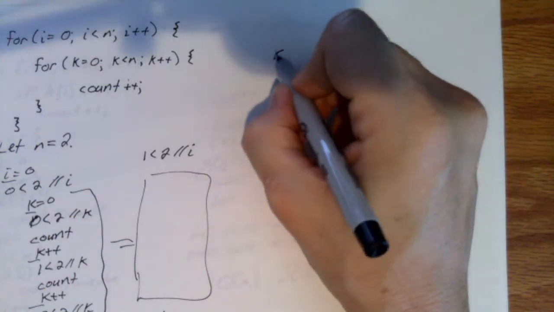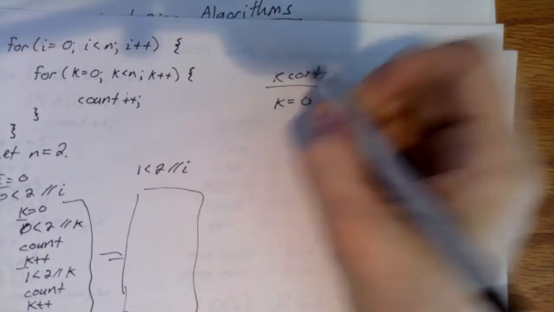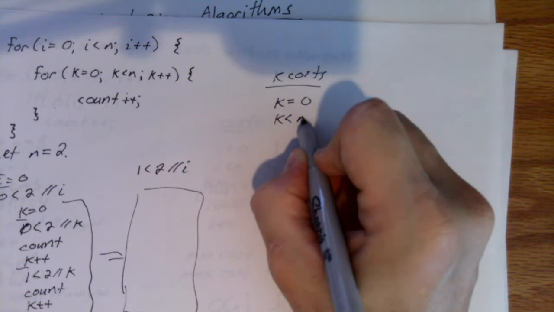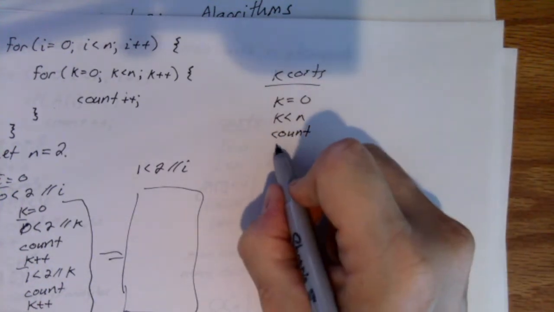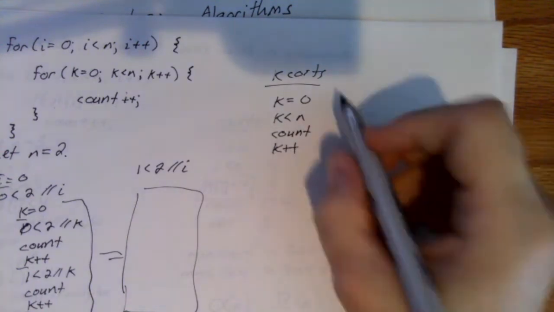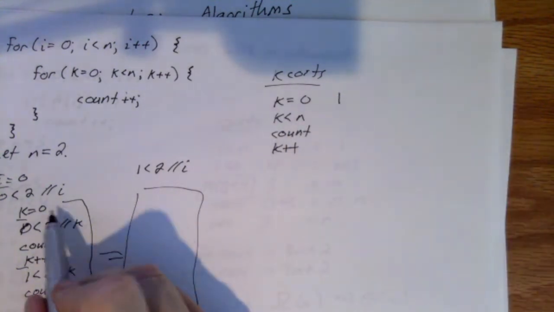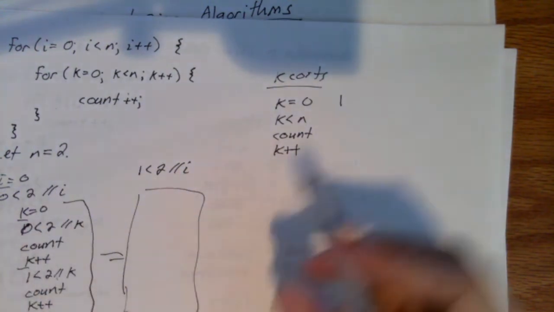Let's look at the K loop first, the part that's here and here. So K costs will be: K is 0, K is less than n, count, plus plus, and then K plus plus. So this happens once. How many times does this happen? N was 2, but we said 1, 2, 3, 3 times.